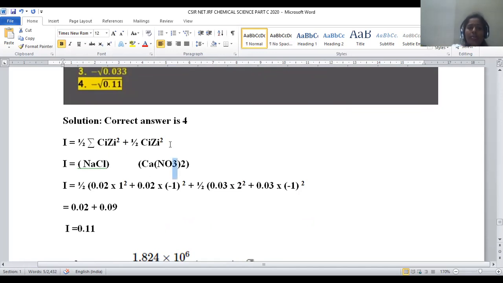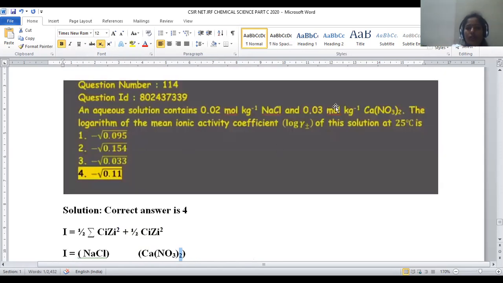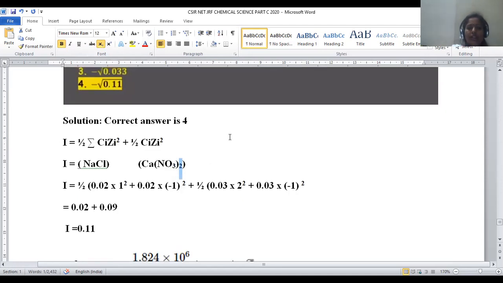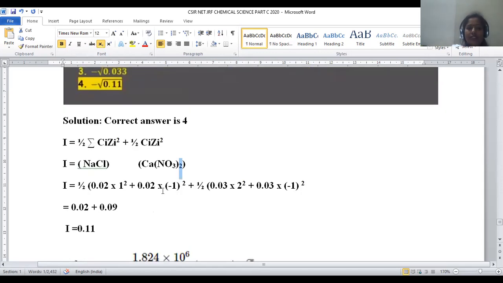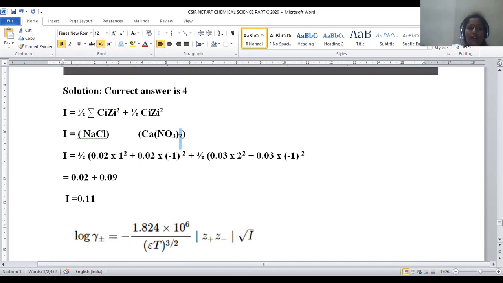Here two different compounds are provided in the problem. One compound is sodium chloride, the second is calcium nitrate, and the concentration is also provided here. That's why we can directly substitute these concentration terms in the equation, right?